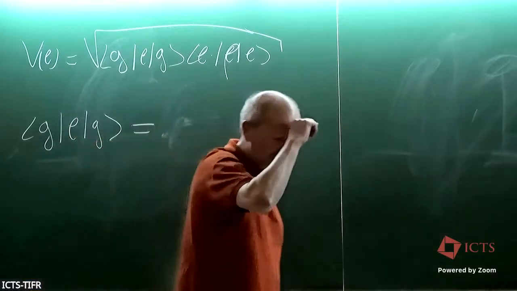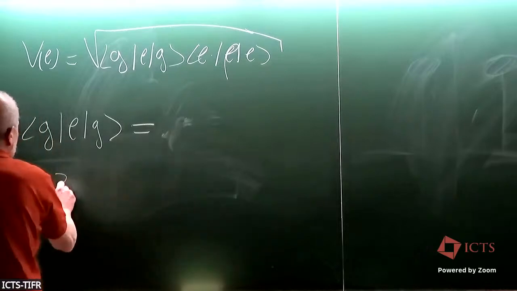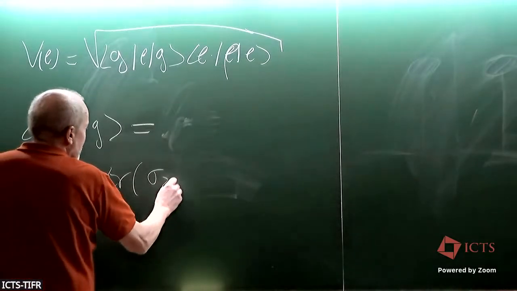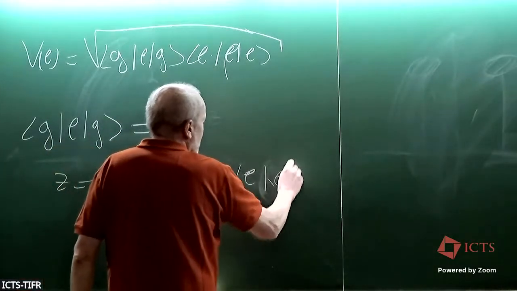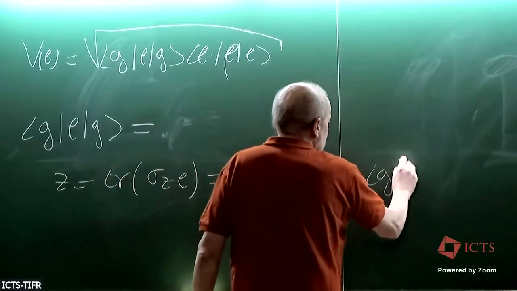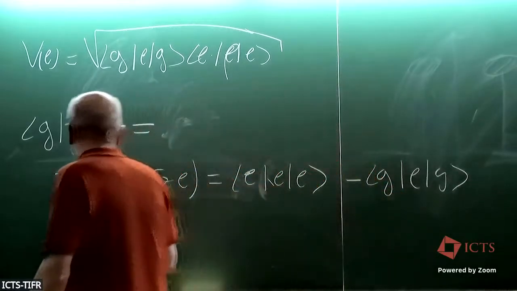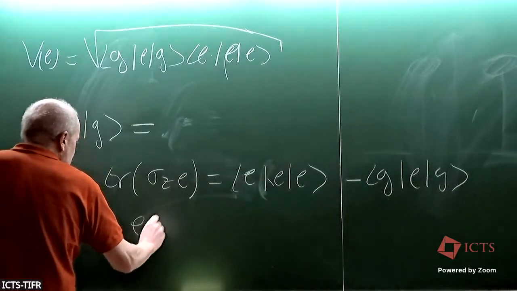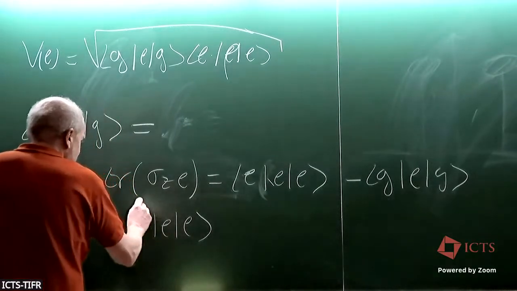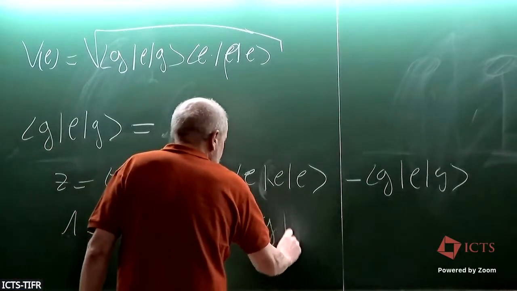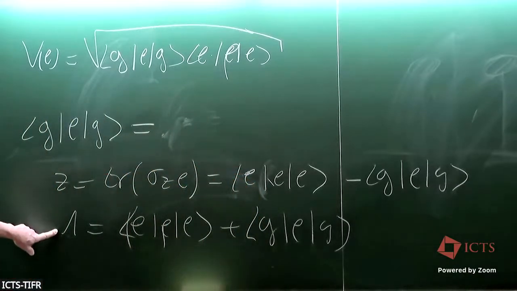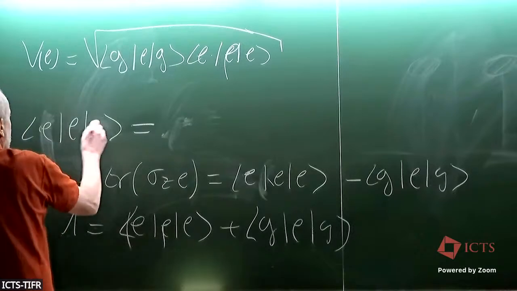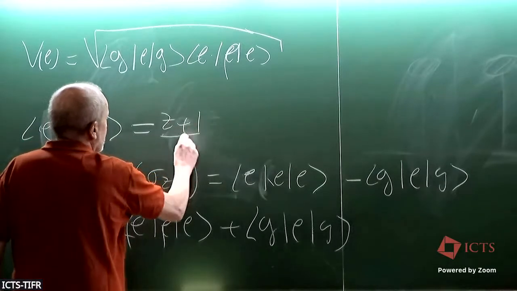So what is the population with respect to Z? Z is the trace of sigma Z rho, so it is E rho E minus G rho G. And the trace of rho is E rho E plus G rho G. So when I take Z plus 1, it is Z plus 1 over 2.